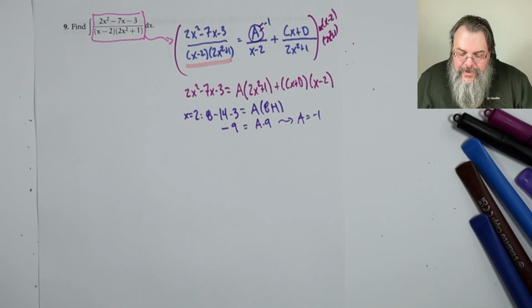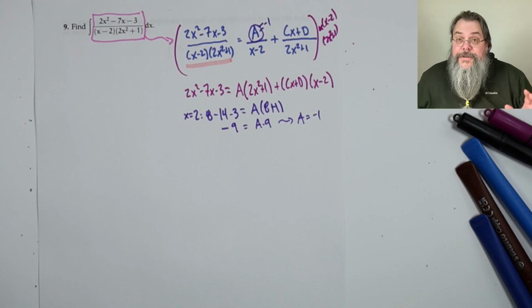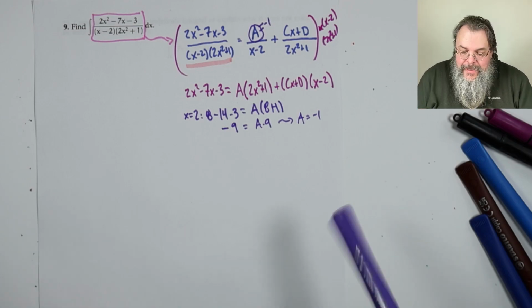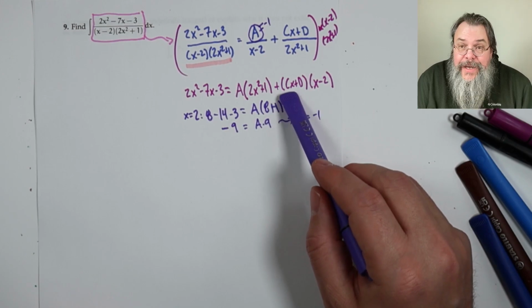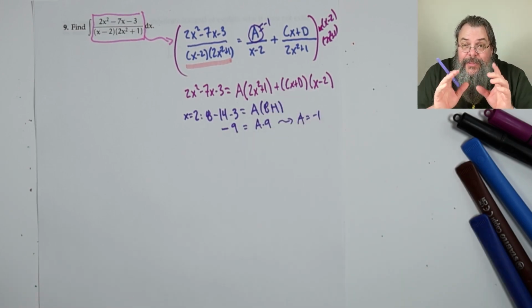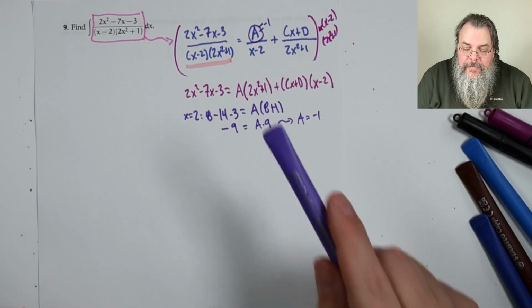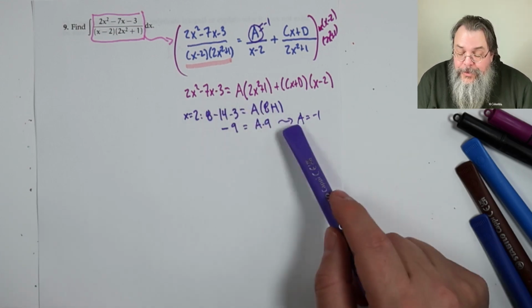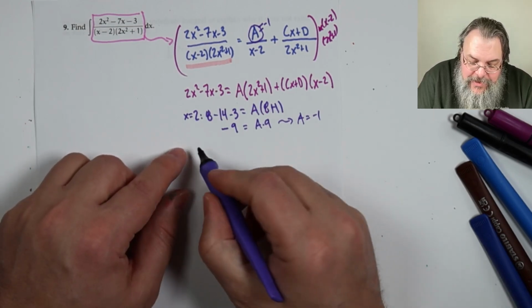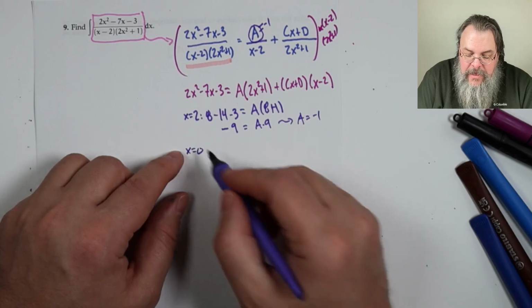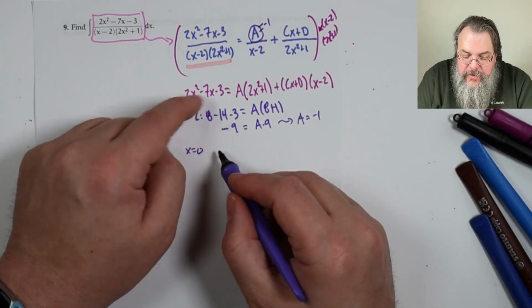Now, are there any other good choices? Well, actually there is. See how we have cx? If you put in x equals 0, that part goes away. But you might say, what about the a? We know a. So let's plug in x equals 0 and see what we get. 0, 0, negative 3.